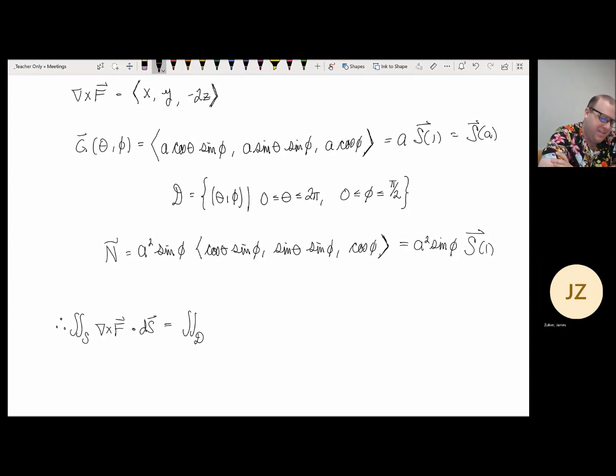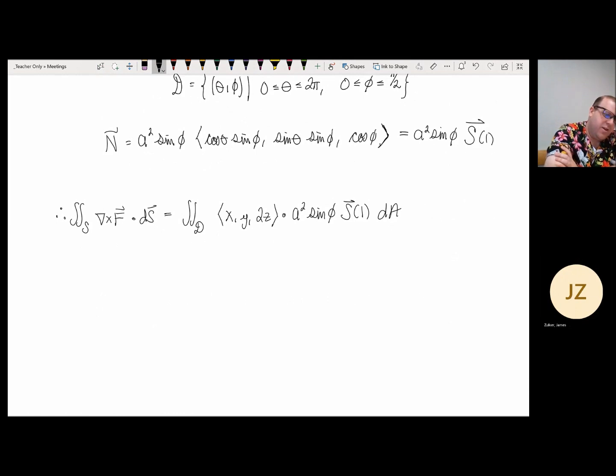All right, so double integral over D of our curl field, which is actually a very nice curl field, dotted with our normal vector. This is where I'm probably just going to write it shorthand just because I don't feel like writing that long thing. Oh, wait a minute. I need to rewrite that curl field.